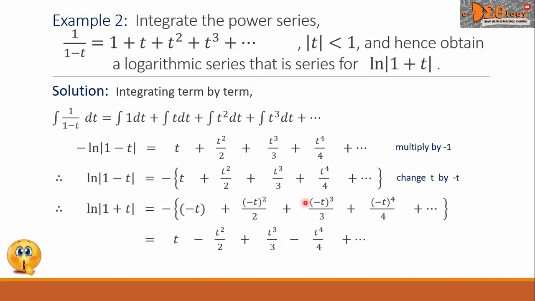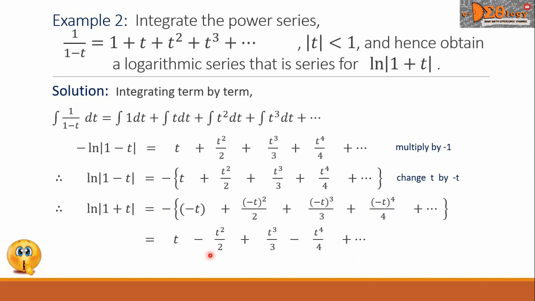Simplifying the third term with respect to the negative sign outside, it becomes positive t cubed over 3. Simplifying the fourth term, negative t raised to 4 all over 4, with the negative sign outside, we have negative t to the 4 over 4, plus and so on.